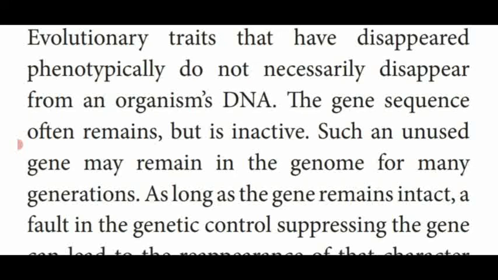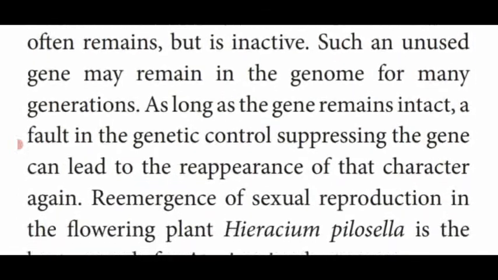Such an unused gene may remain in the genome for many generations. That means it is hidden in the DNA, it does not express the characteristic feature, and it is inactive. But suddenly, in one of the generations, the lost character of a previous generation is expressed in the present generation. That is said to be atavism.